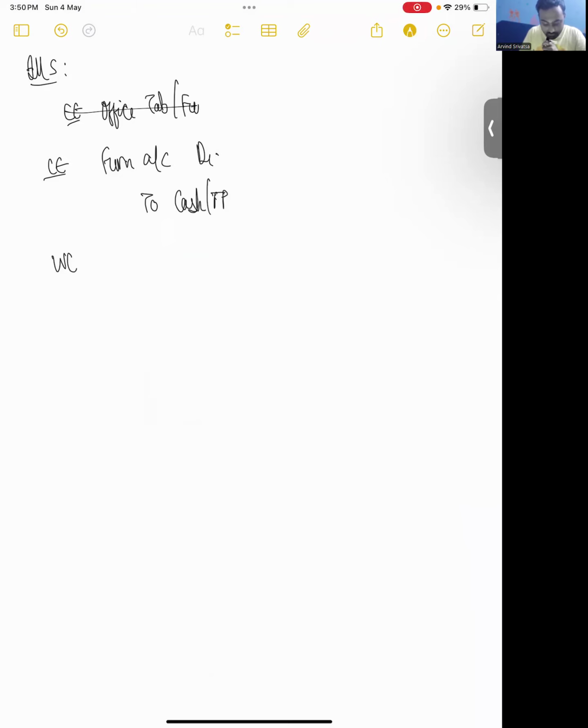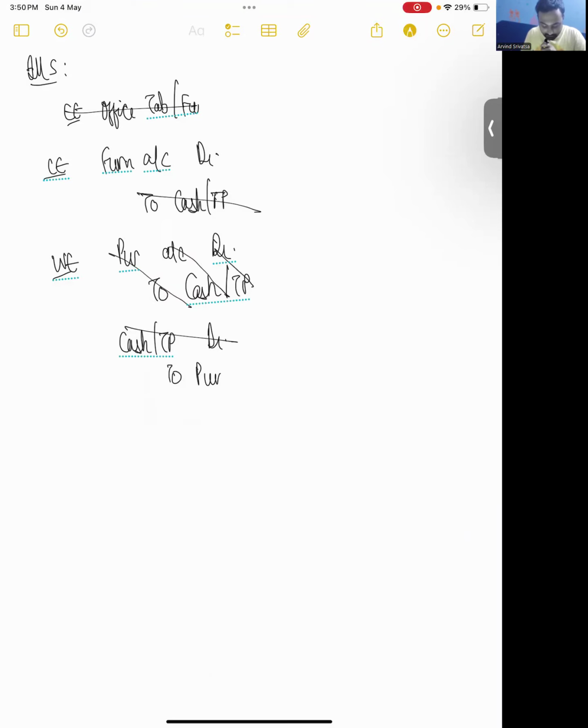Wrong entry is purchases account debit to cash or trade payables. So when I reverse, it will be cash or trade payables debit to purchases. We reversed it already. Cancelled. Rectification entry.